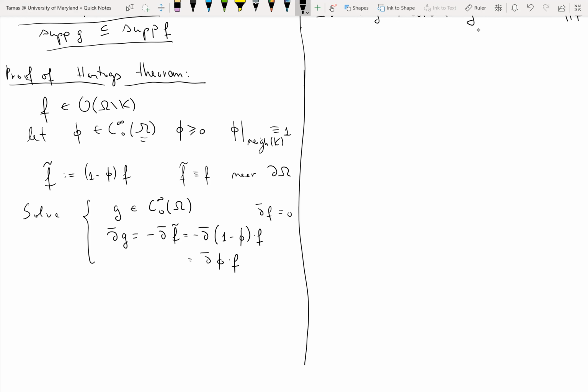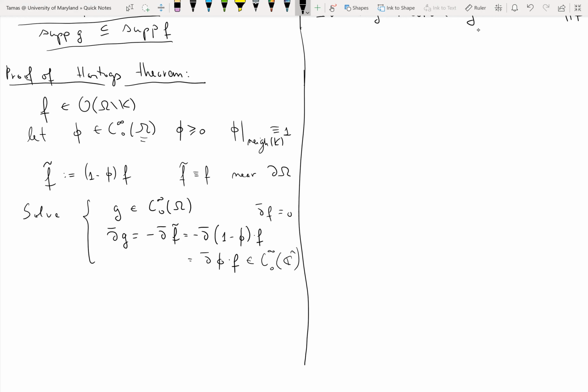So what's going on here? phi is compactly supported in omega. So this thing, you can think of it as a smooth function on C^n that's compactly supported.